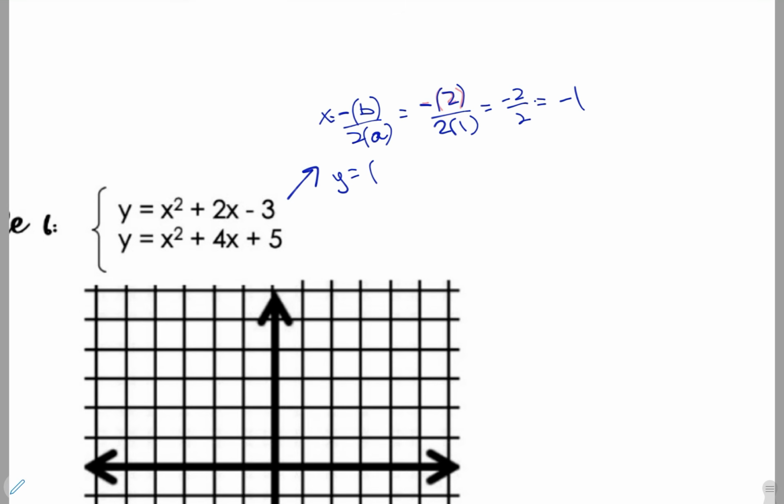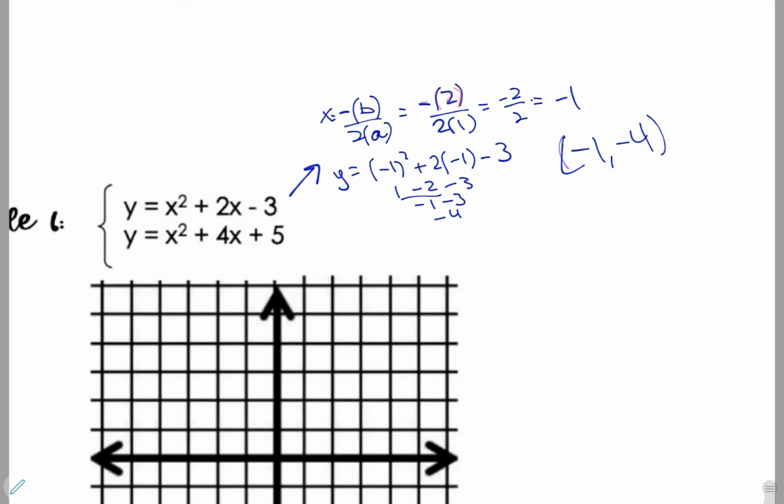And then we're going to plug in the negative 1 into the parentheses. Put that in the calculator. That's going to read 1 minus 2 minus 3, which is negative 1 minus 3, which is negative 4. So this first one's going to have a vertex at negative 1, negative 4.